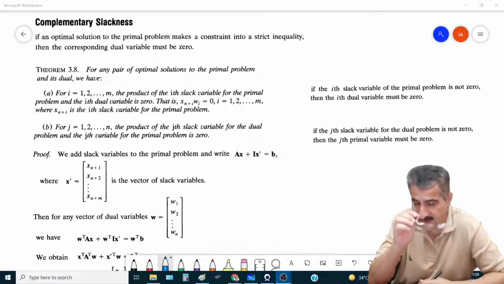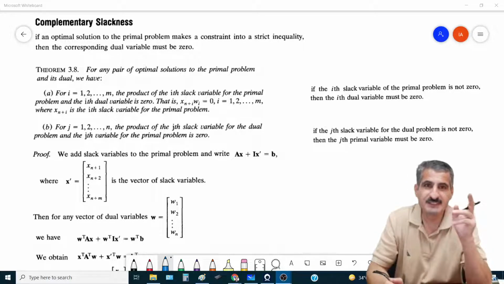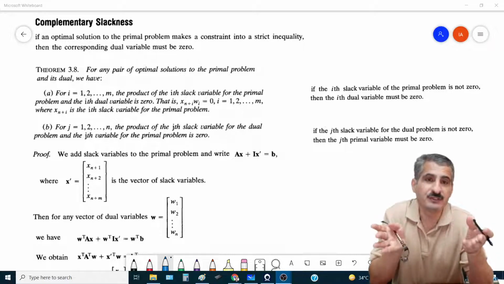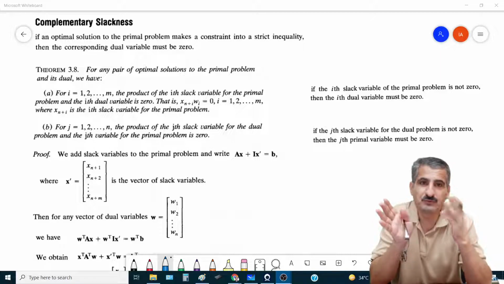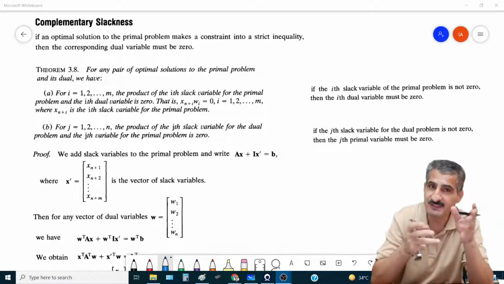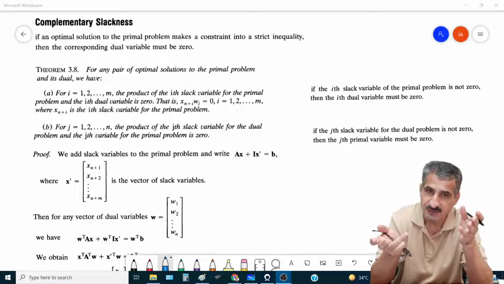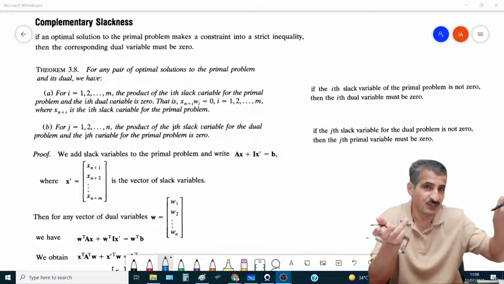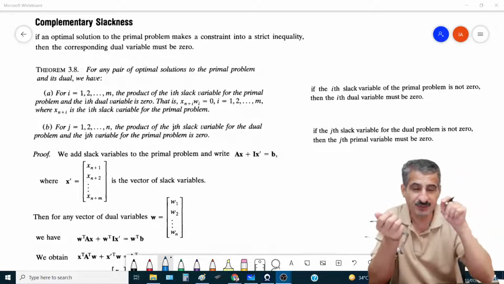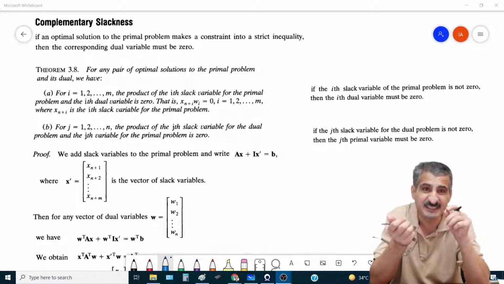If the constraint is like less than without equality, say the third constraint is 2x1 plus 3x2 less than 5. This is the third constraint. Then in the dual problem, the third variable must be zero, because the third constraint here was a strict inequality.